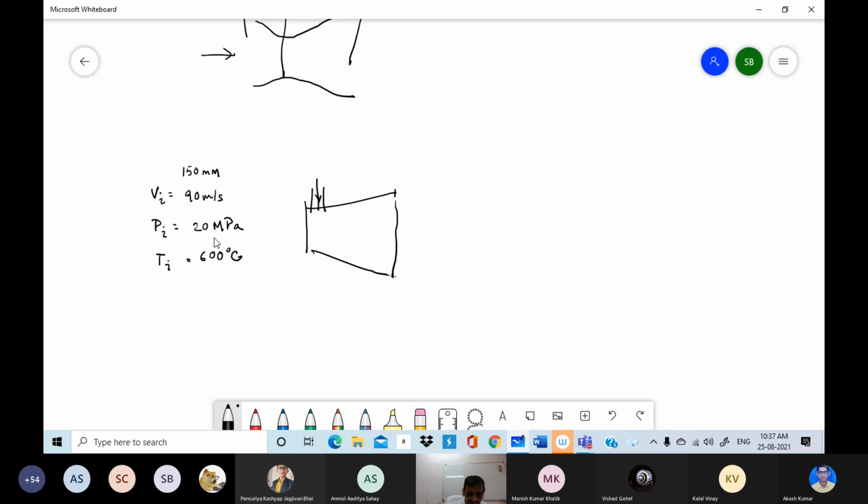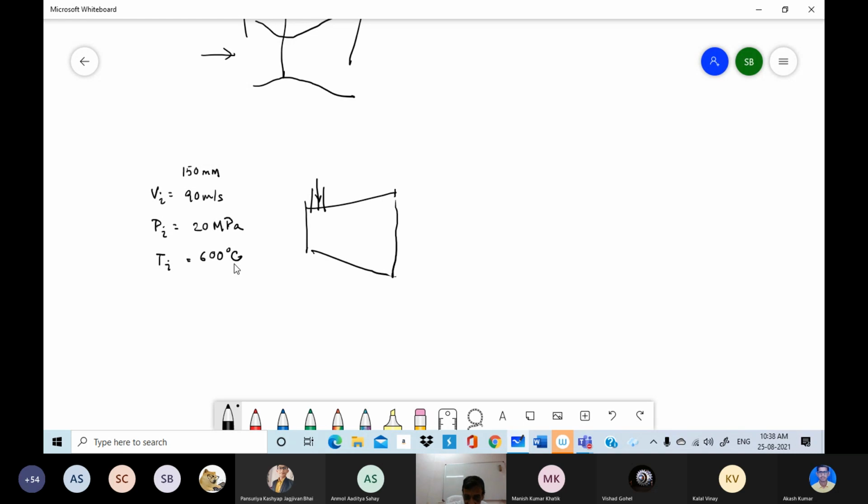So for the steam, if I have specified that it's 20 megapascal and 600 degrees centigrade, that should specify the state of the system, and then all other properties, what is the density, etc. At the moment we require only density. Later we may require internal energy, enthalpy, entropy, etc. But those concepts we still haven't introduced. So if we specify pressure and temperature, that should tell us what the density is.